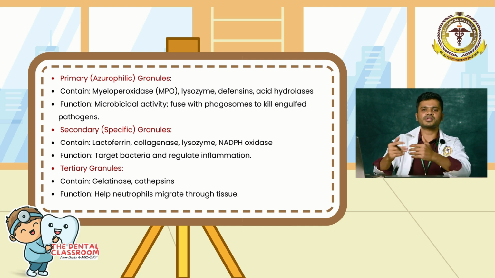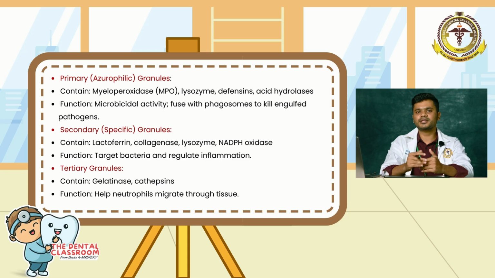An example of an acidophilic granule enzyme is myeloperoxidase, which increases reactive oxygen species. What are reactive oxygen species? They are nothing but species with loss of electron, where the oxygen is in an unpaired state. They cause destruction by destroying the bacterial cell wall. So this is the main aim of primary granules.